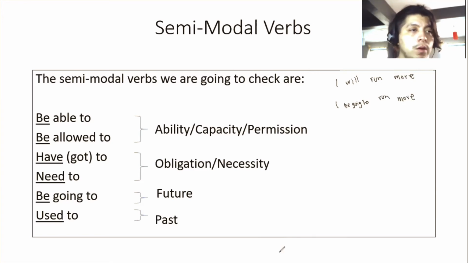So again, what do you have? You have your subject, you have your auxiliary or your semi-modal verb in this case, then you have your verb in the base form, and then you have your extra information or your complement.